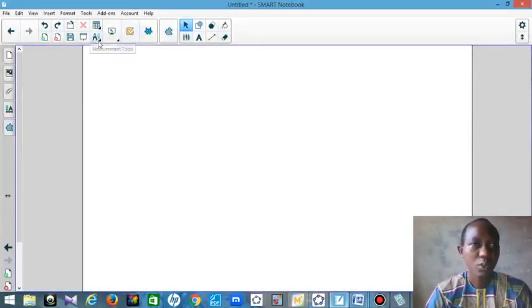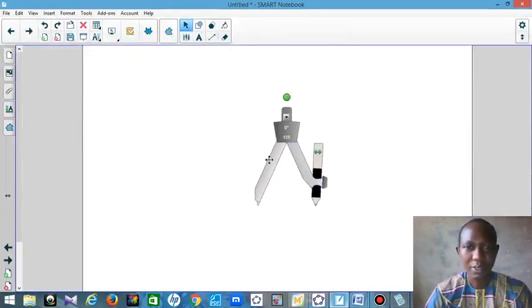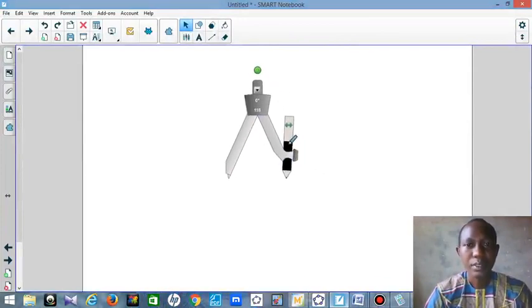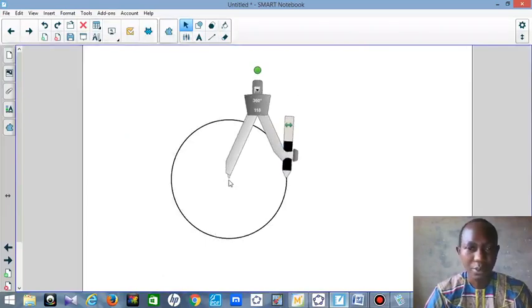So if you want to solve it now, you need to have your sketch. Let's just make a circle very fast. Get a circle. This is the first thing you do when you are answering this. This is your center.